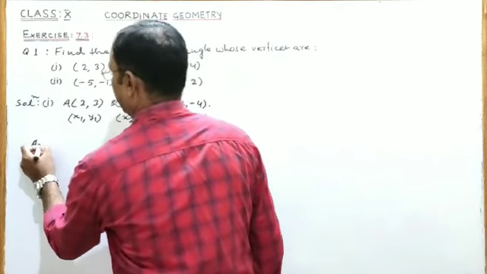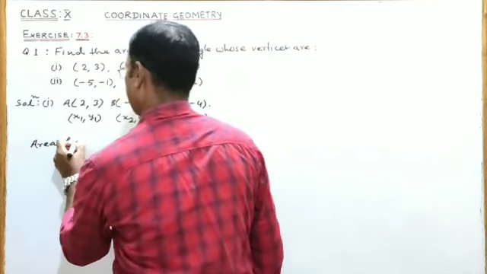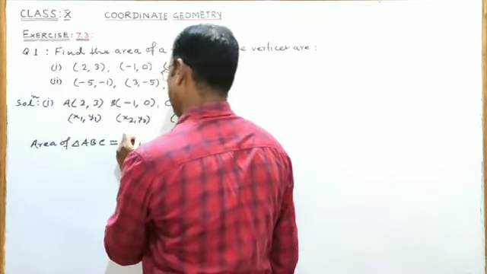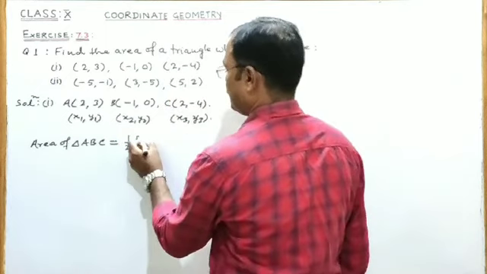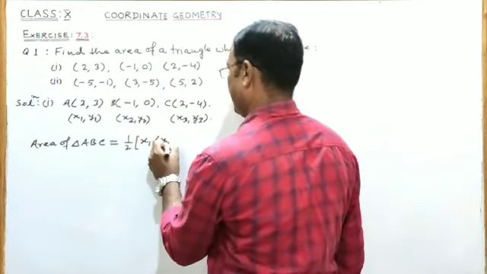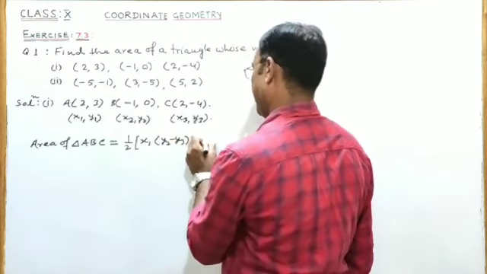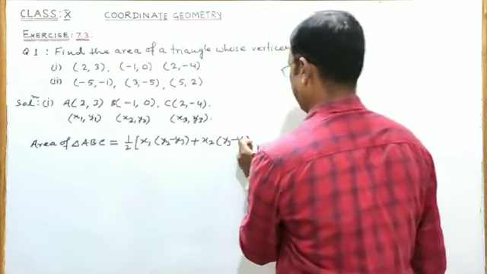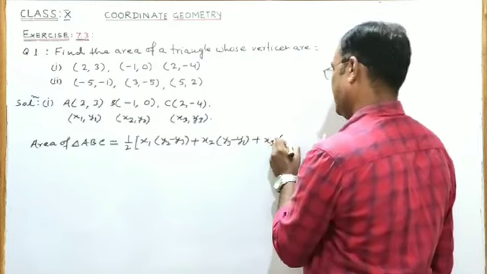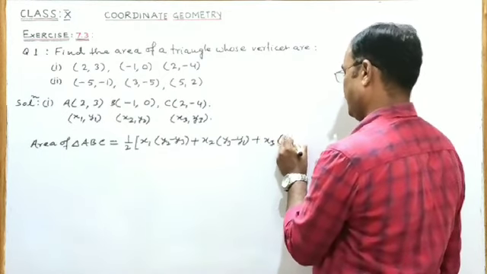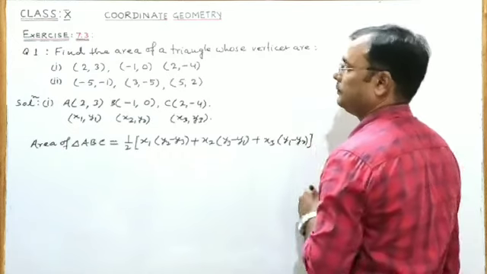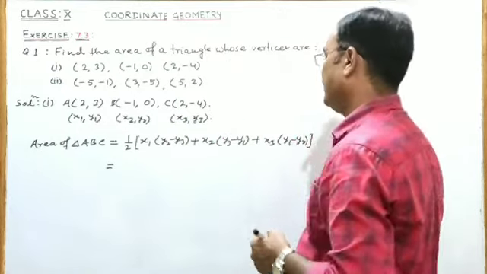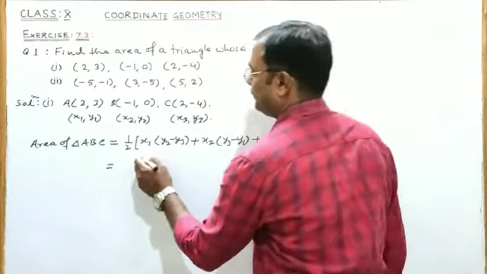So area of triangle ABC is equal to half into x1 into y2 minus y3 plus x2 into y3 minus y1 plus x3 into y1 minus y2. Let us put the values of x1, y1, x2, y2 and x3, y3 in this formula.